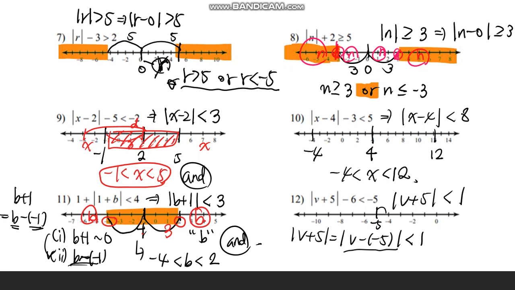Therefore, going this side for 1 unit, this side for 1 unit. Therefore, our v should be in between here, right? V should be inside. V cannot go outside because the distance between v and -5 is larger than 1 if v was outside. Therefore, the answer is -6 ≤ v ≤ -4. So this is the final answer.